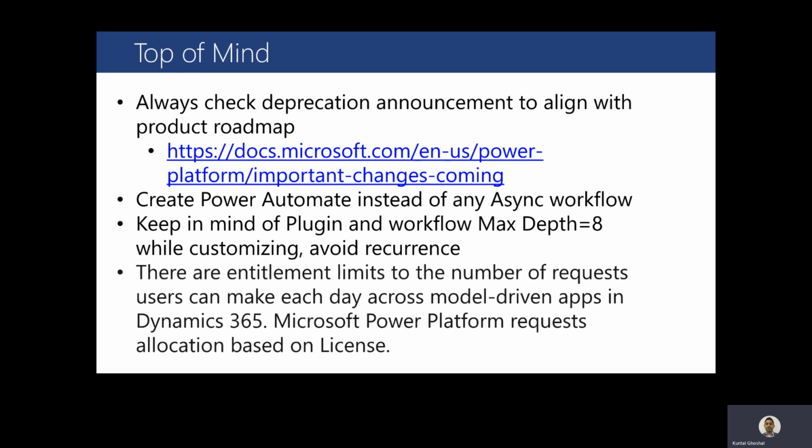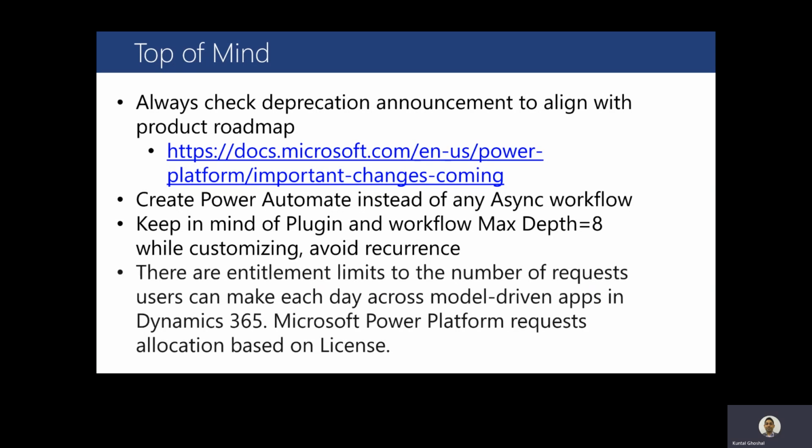From a performance, stability and extensibility standpoint, Power Automate provides a much better option. It also provides some of the latest capabilities, where in a classic workflow you would need to do a number of steps or even build a custom workflow assembly to achieve that. So always check that and use Power Automate instead of the classic async workflow.